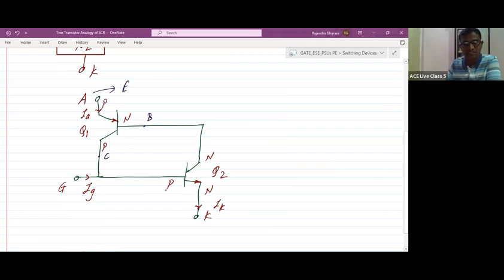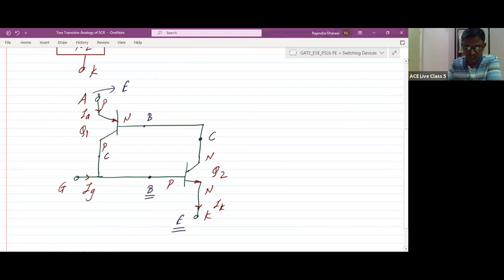Similarly, for the second transistor, the cathode terminal is the emitter. This terminal is the base terminal of the second transistor, and this terminal is the collector terminal of the second transistor. So here: collector, base, and emitter.